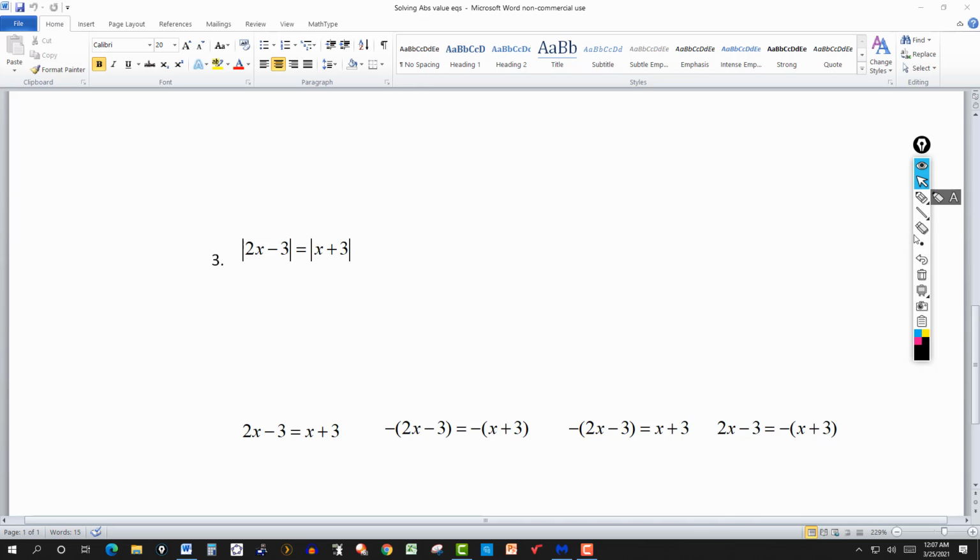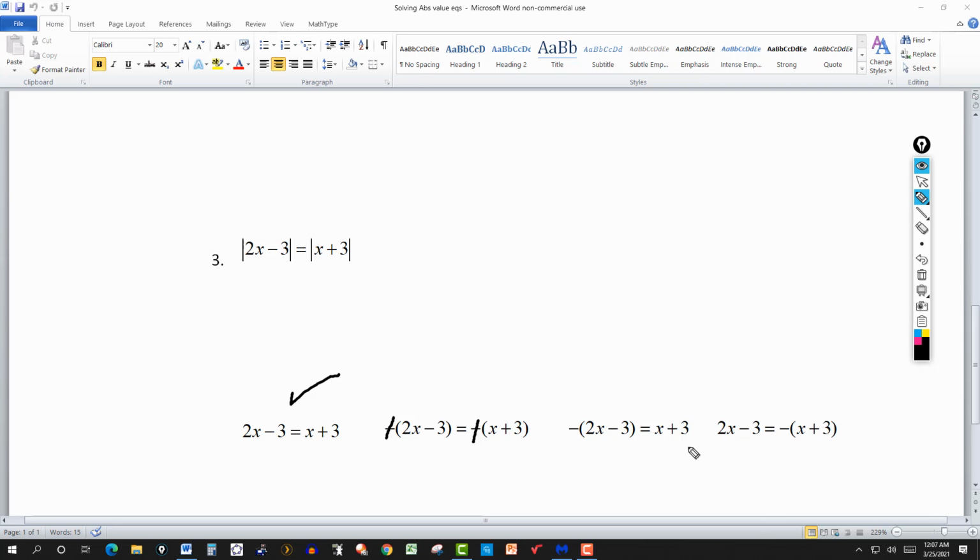So notice here, you got a negative here and a negative here, so these cancel out. So what does that leave you? It leaves you 2x minus 3 is equal to x plus 3, but that's the same thing as this one. So we could just solve this one right here, and then just ignore this one.